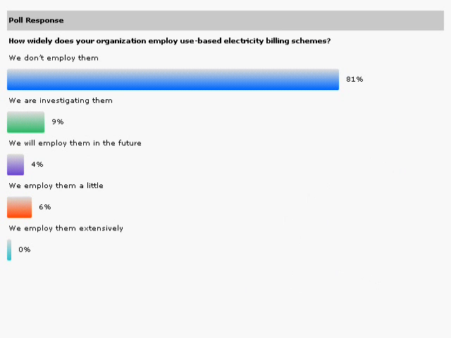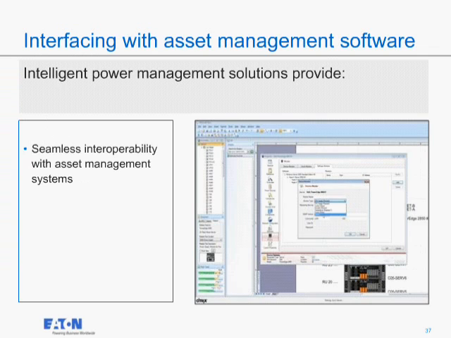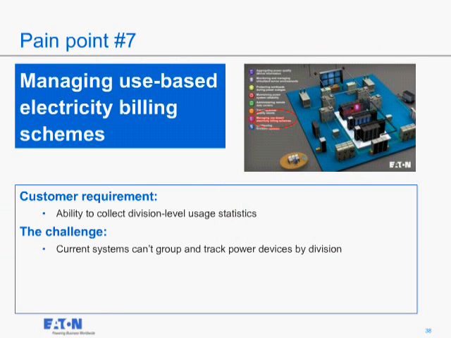So again, one of the pain points that we have is managing use-based electricity billing schemes, where clients are looking to collect division level, department level, organization level usage statistics. Again, for the colo types of applications out there, for those who are actually deploying physical assets on a customer by customer basis, this is certainly a big play.